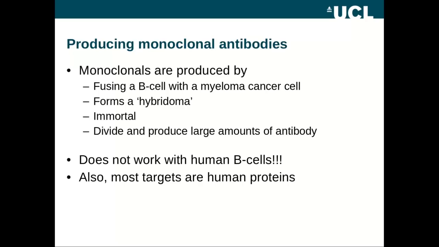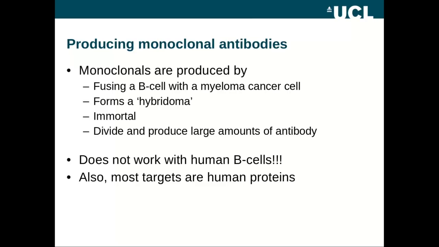It might be a toxin. So obviously there are people who have survived nasty infections, HIV or Zika virus or whatever it might be, and you can harvest antibodies from those people and then clone them and make them artificially, but you can't do it by the standard monoclonal technique.